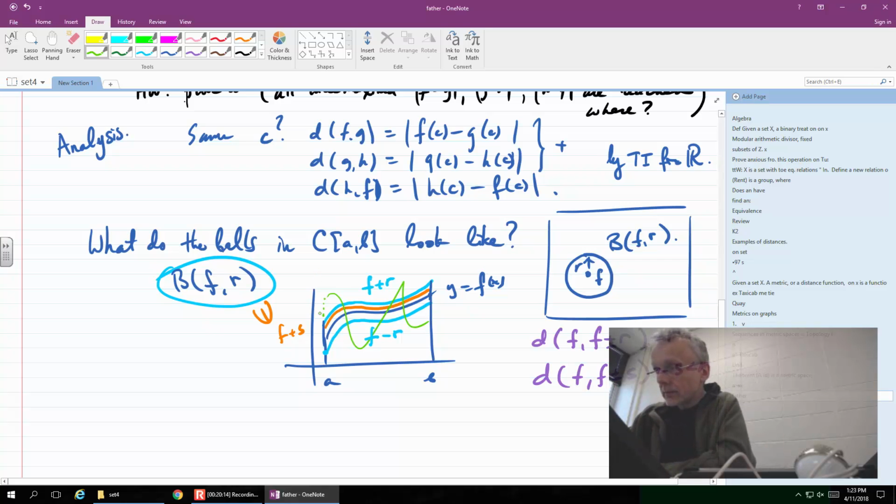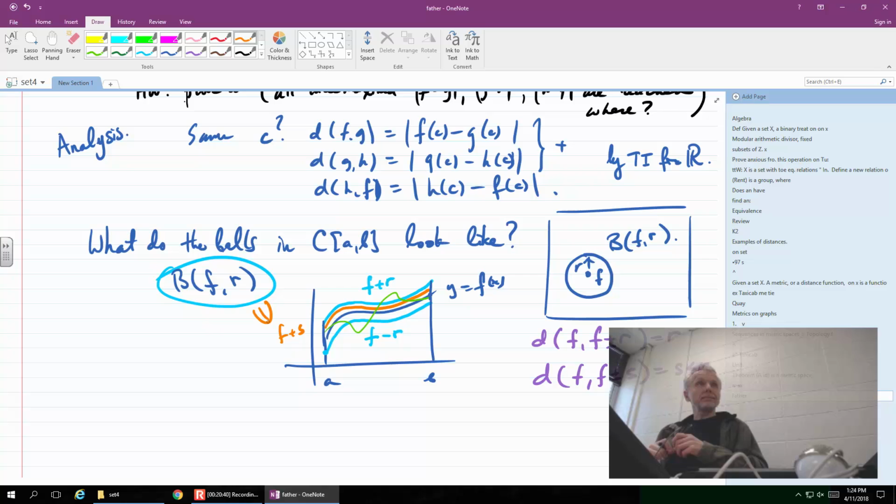What about the endpoints? Why is this so important? What if I have something like this? Is the green function close enough to f? No, because look at this.